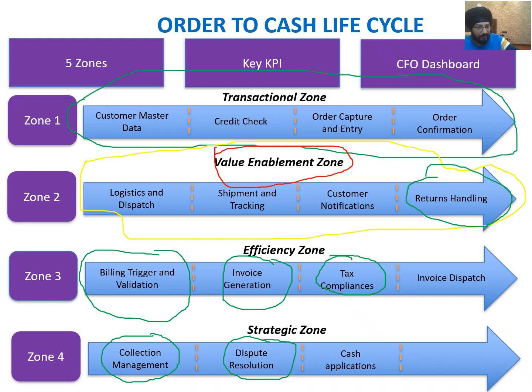Cash application. This is another aspect wherein we have to be very sure that once we have received the fund, the amount we have received is applied in an optimal manner, and that we apply the cash well within the time, and we are not missing any of the cash that we have received.